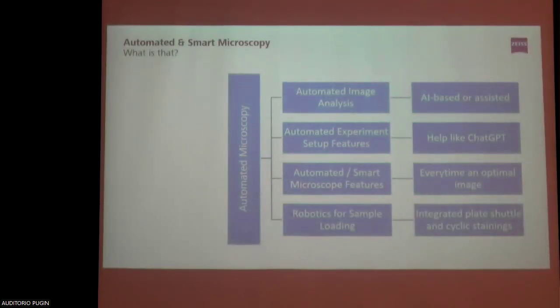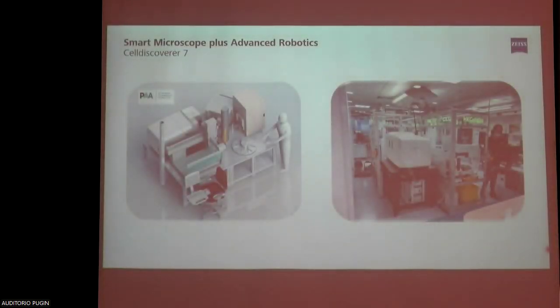In such systems, we can also integrate, of course, into some complete robotic streets, where you have robots taking plates, putting them into the system, taking them out, putting them back into the incubator, putting them into some staining device to wash in or wash out certain compounds, to do multiplex imaging with maybe up to 50 different colors. So this is all possible nowadays, and we're not producing the robots ourselves.